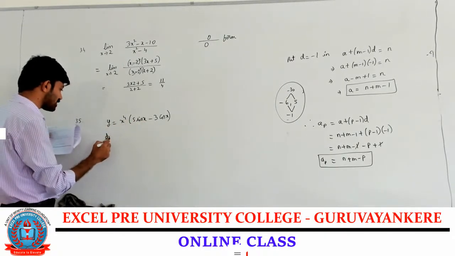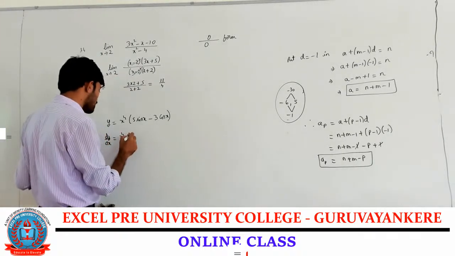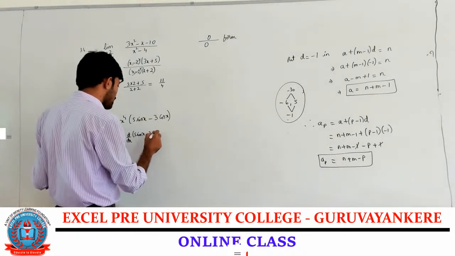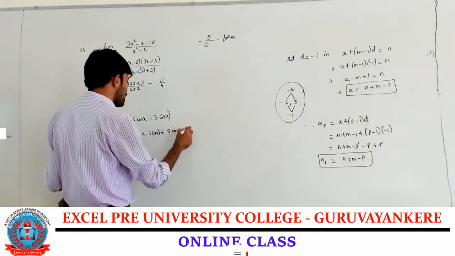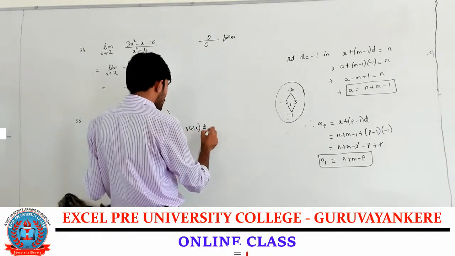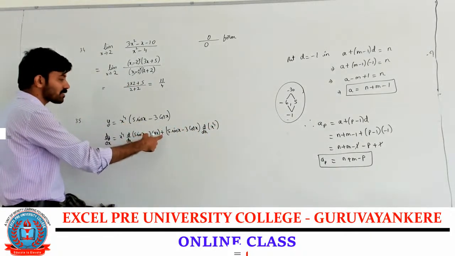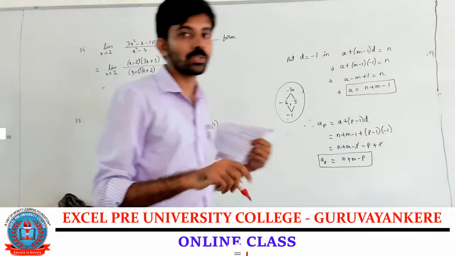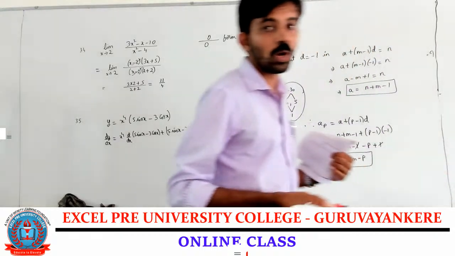To find dy by dx, the derivative of y with respect to x: first function keep as it is, differentiate the second function, d by dx of 5 sin x minus 3 cos x, plus second function keep as it is, differentiate the first function, d by dx of x power 4. Apply the product rule: first into derivative of second, plus second into derivative of first. It's called the product rule or Leibniz rule.